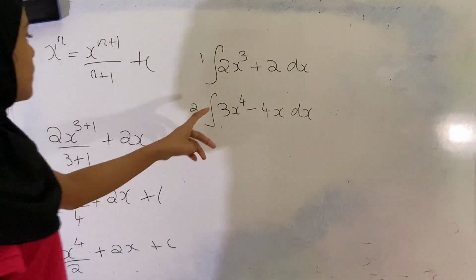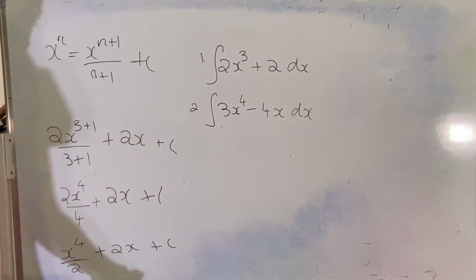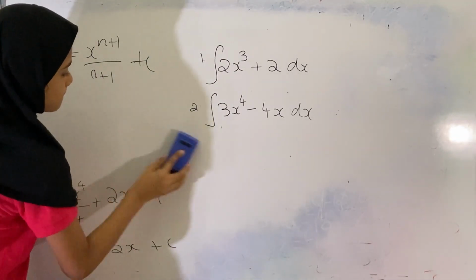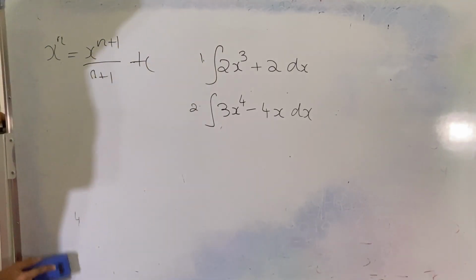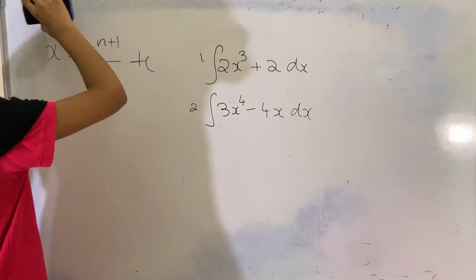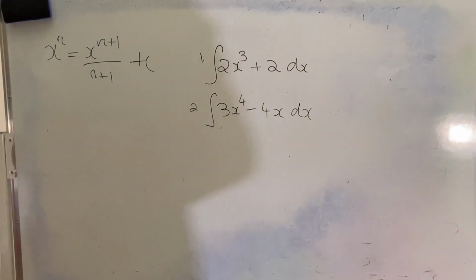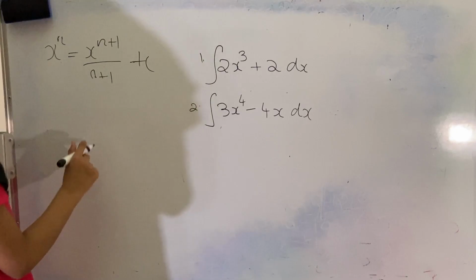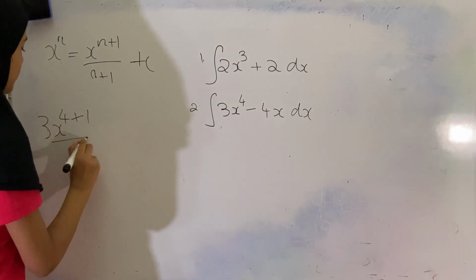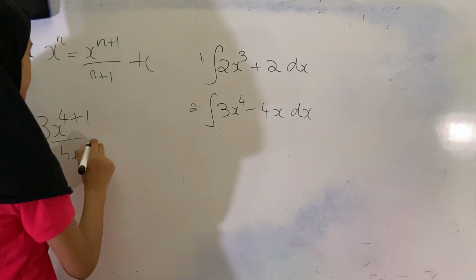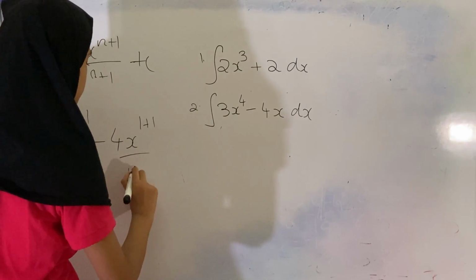Okay, so now let's do this one. Let me raise this one first. Now you could also pause the video and find the answer of this, because I'm going to tell it right now. So 3x raised to 4 plus 1 by 4 plus 1 minus 4x raised to 1 plus 1 by 1 plus 1.